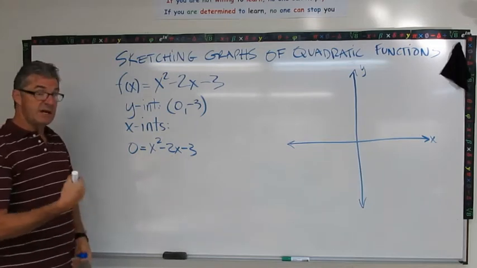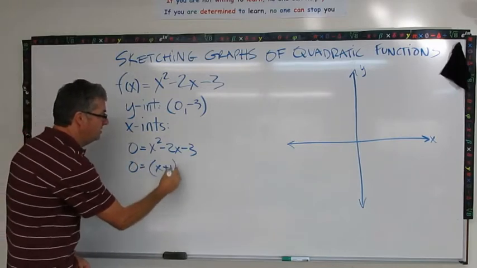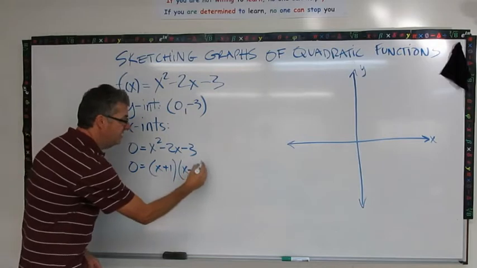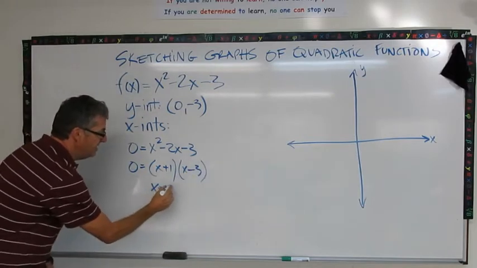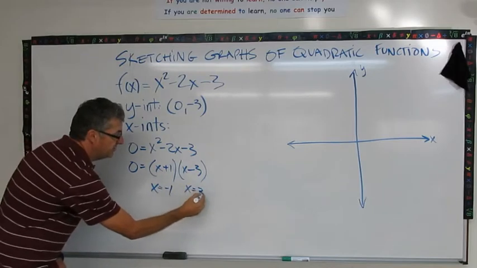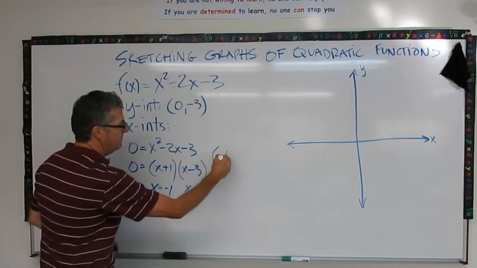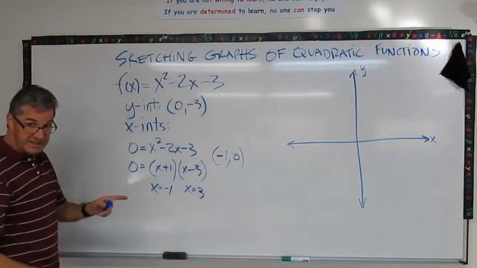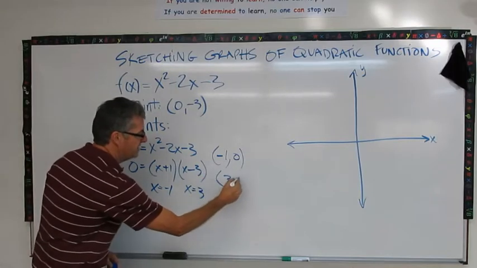That's negative 3 times positive 1. 0 equals (x + 1)(x - 3). Set each of these equal to 0 and solve. So x is negative 1 and x is 3, which gives us the y-intercepts of negative 1, 0. I'm sorry, x-intercepts of (-1, 0) and (3, 0).